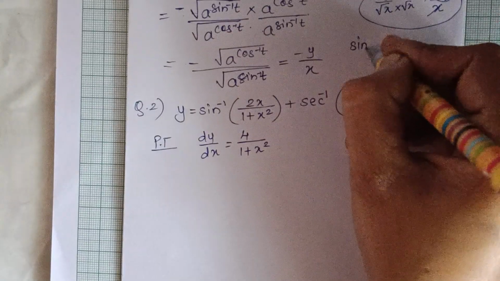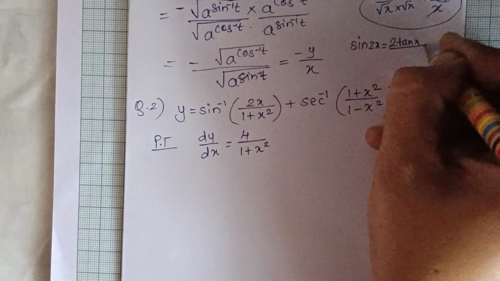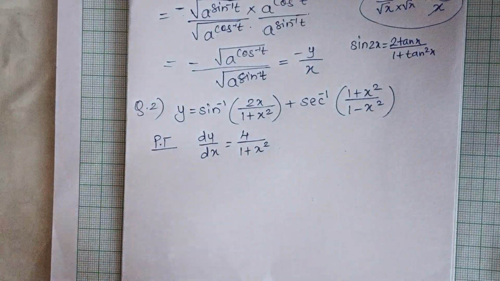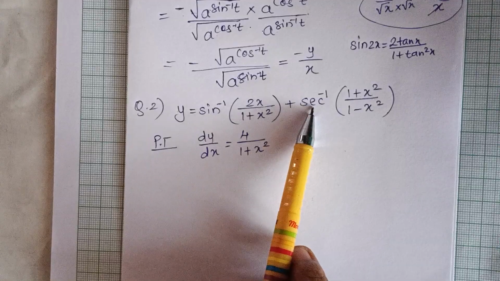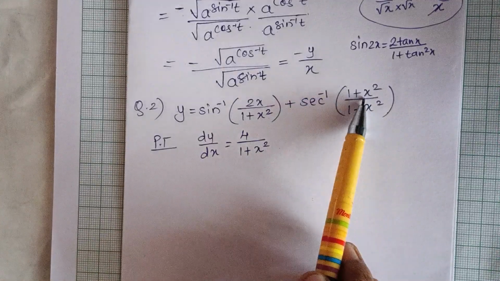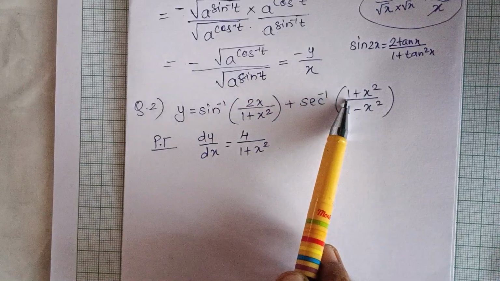Sine 2 theta is 2 tan theta upon 1 plus tan square theta, right? Same way here also. Sec is given, so sec means this is cos. Okay. Cos 2 theta is what? 1 minus tan square theta upon 1 plus tan square theta.